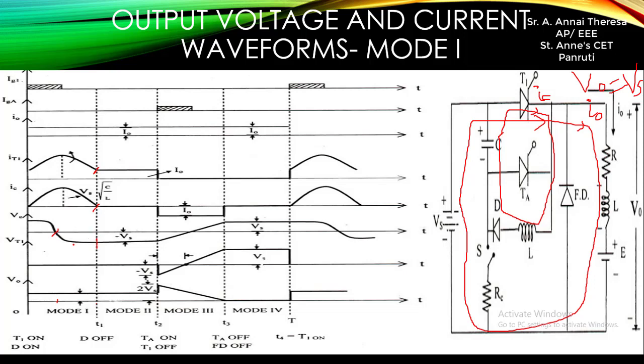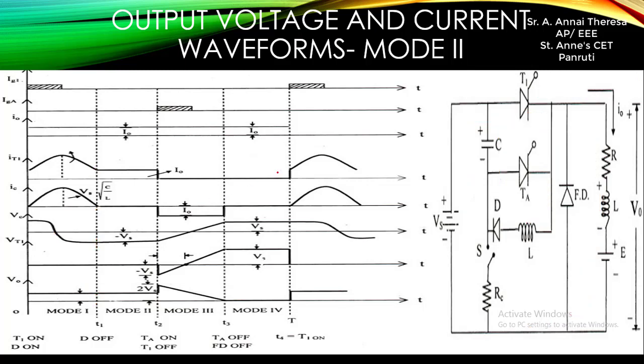The capacitor voltage Vc is equal to minus Vs, and the voltage across the auxiliary thyristor is Vs. It is not shown here, but the output voltage V0 is equal to Vs at this point. This is the first mode of operation.